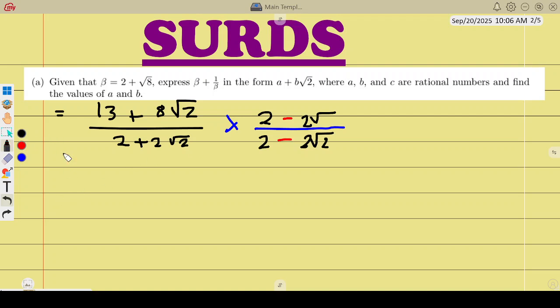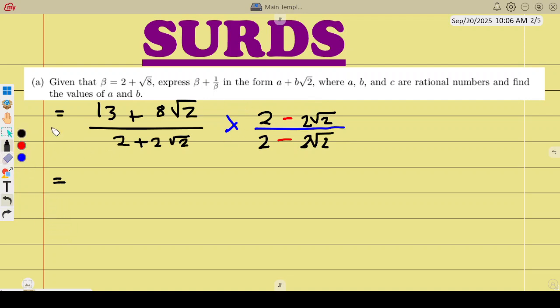From here we start multiplying. This 13 is going to multiply with 2. It's also going to multiply with negative 2 root 2.